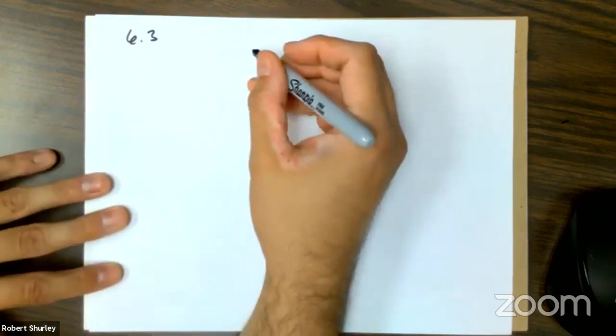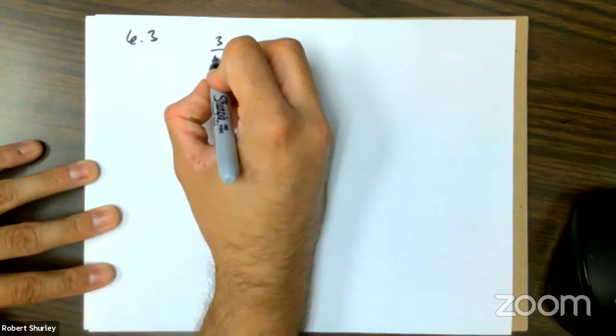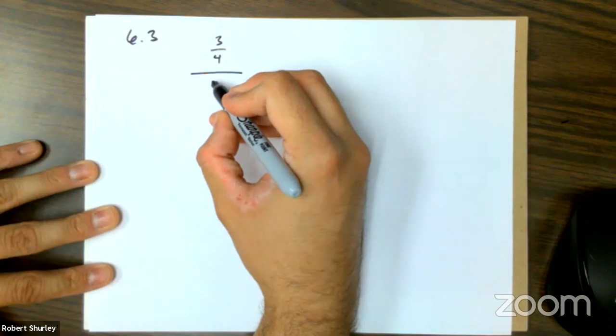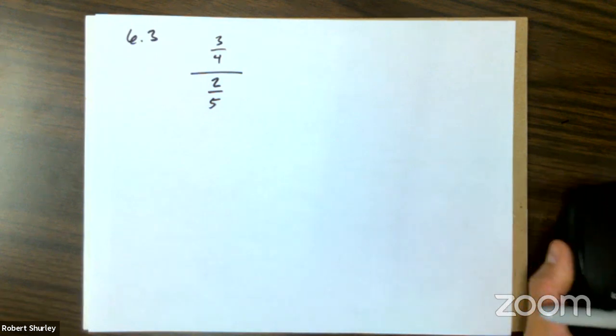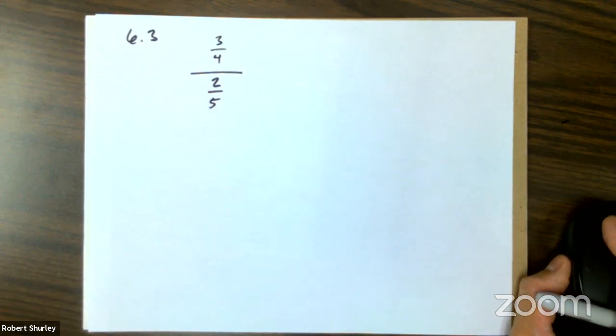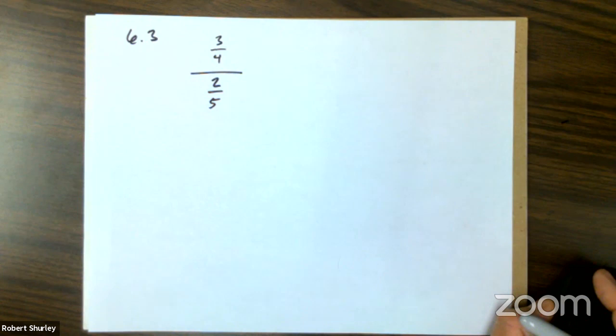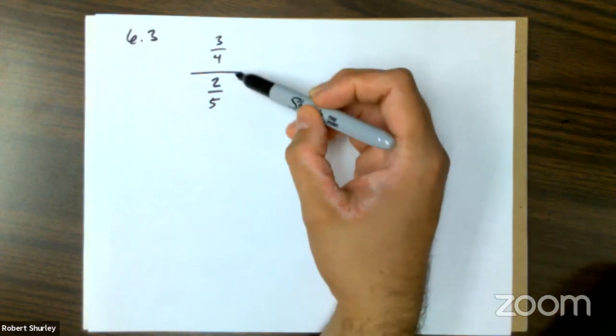A basic example would be something like 3/4 divided by 2/5. That is a basic example of a complex fraction because we have fractions inside of fractions. And there's really two main ways to simplify these.